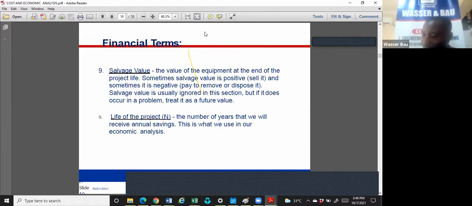But I don't know what it is. So in every engineering cost analysis, there must be a lifespan. You must attach a lifespan. If the project seems to be infinite, then you must model it in such a way that at some point its economic value would have been maximized.